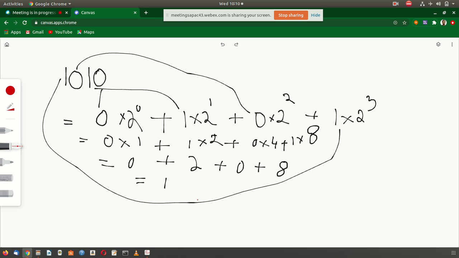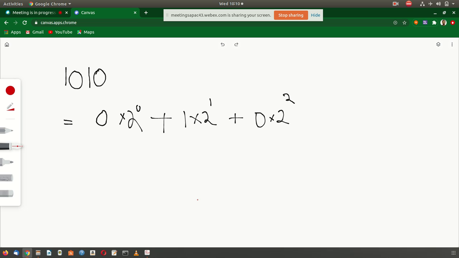So now, how to convert from decimal to binary? Suppose there is a number 20, given as a decimal number. How to get the equivalent binary number?